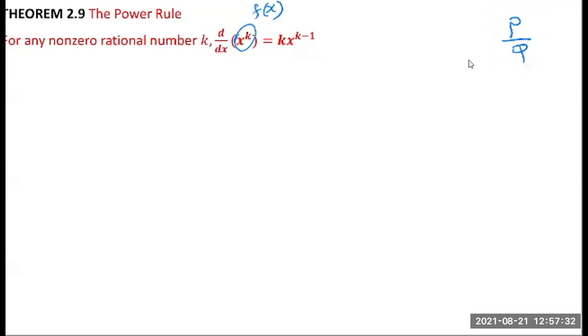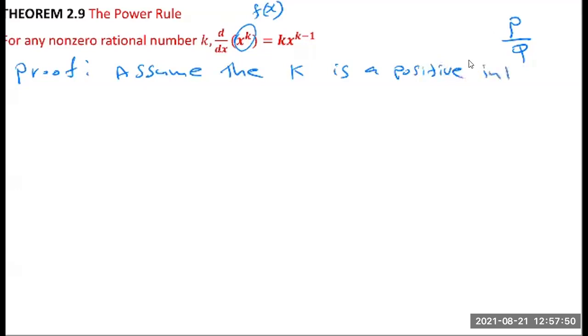But here we will prove this theorem for the case when k is a positive integer. Proof. Assume that k is a positive integer.